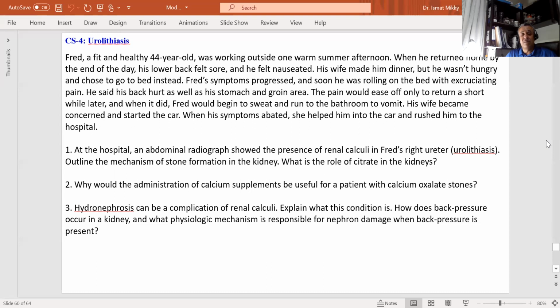Outline the mechanism of stone formation in the kidney and the role of citrate in the kidney. Now, the formation of the renal calculi relies on, as we said, supersaturation of the urine, which is hyperosmolarity of the urine, it becomes more concentrated.